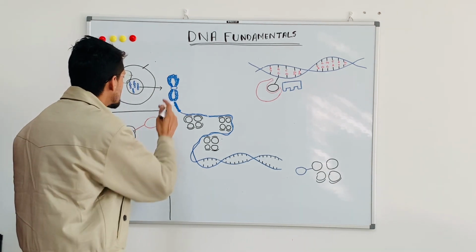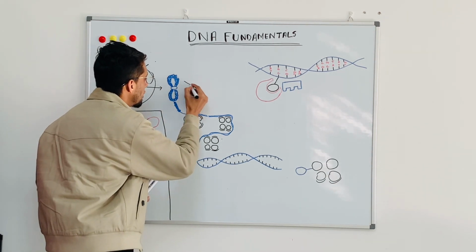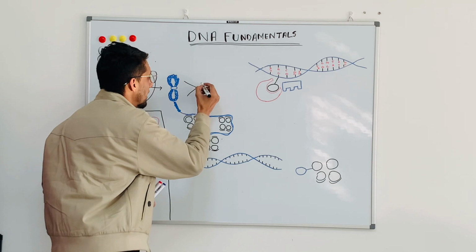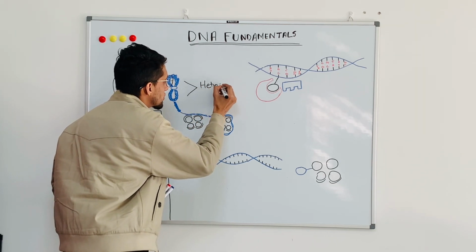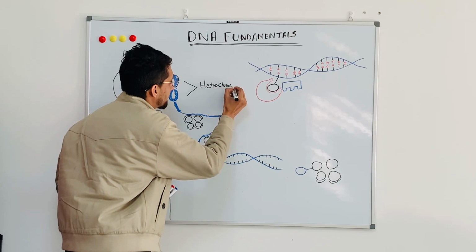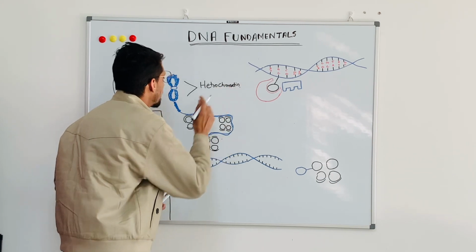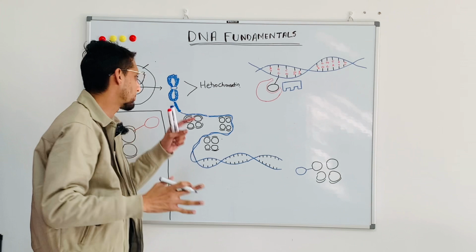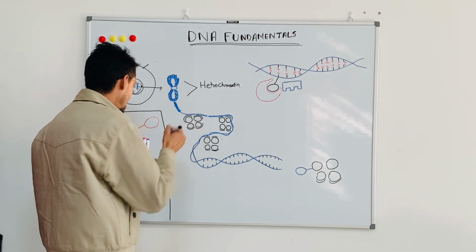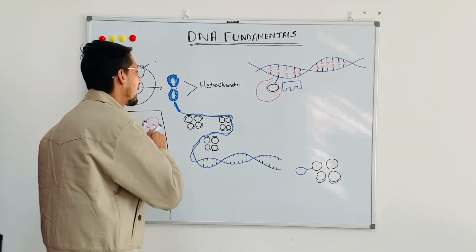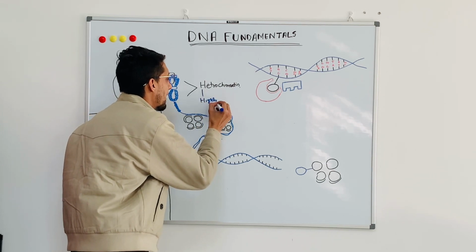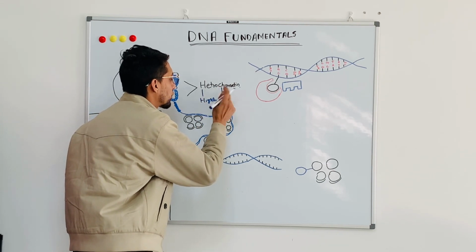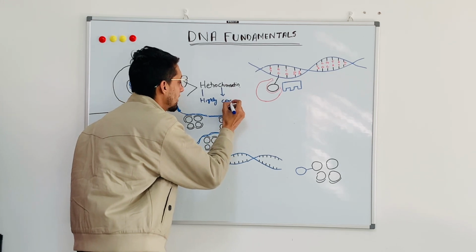When you see this tightened and compact form through the electron microscope, this portion is known as heterochromatin. Heterochromatin means a highly condensed portion, right? You can memorize it, taking H as highly and C of chromatin as condensed, right?